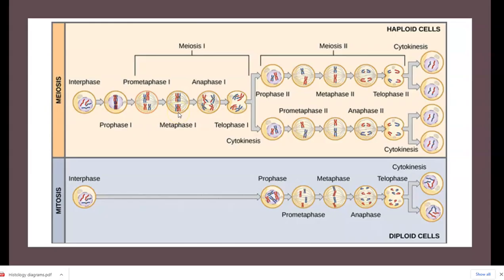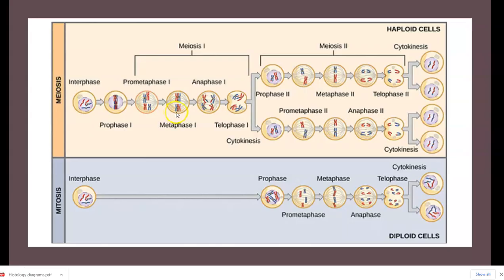In meiosis 1, instead of all of the sister chromatids lining up in just a single file line, now you have what we call homologous chromosomes that are lining up on the equator. And that is extremely important. That is a big difference between meiosis and mitosis. In mitosis, you have the sister chromatids lining up in single file across the equator of the cell.